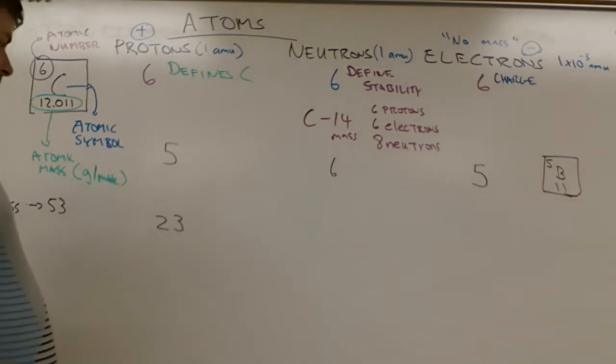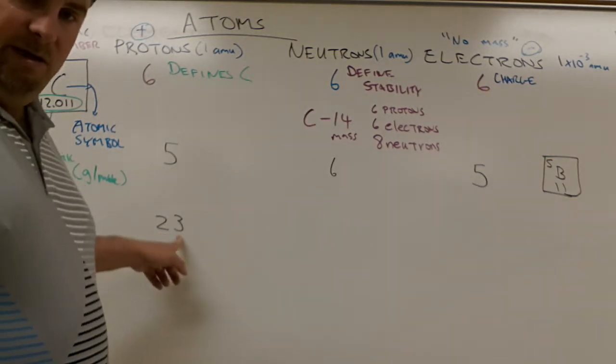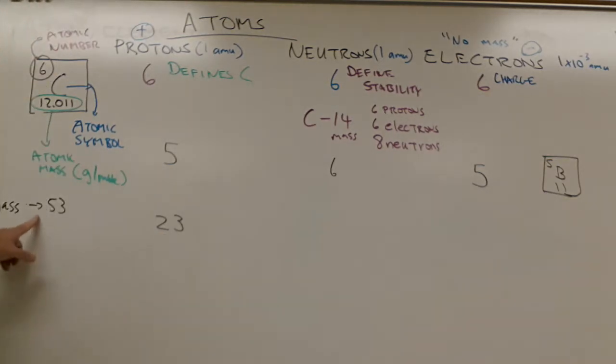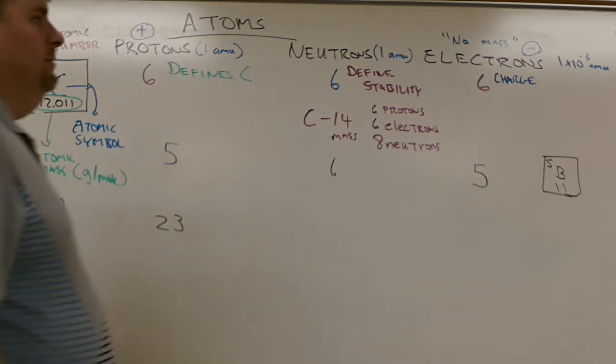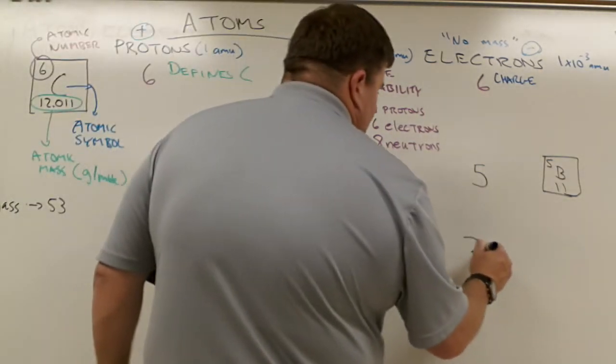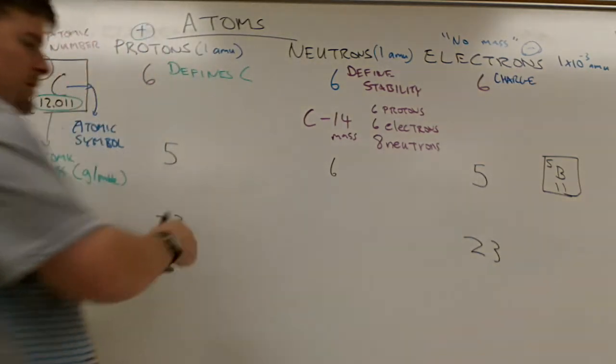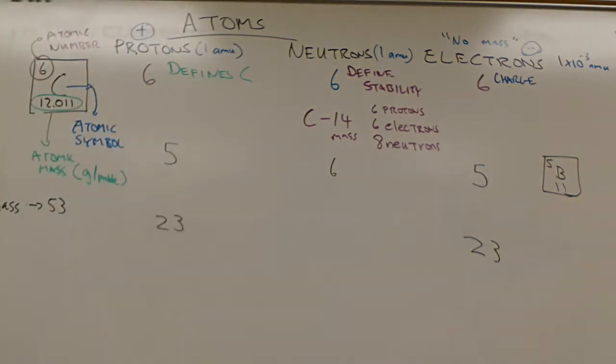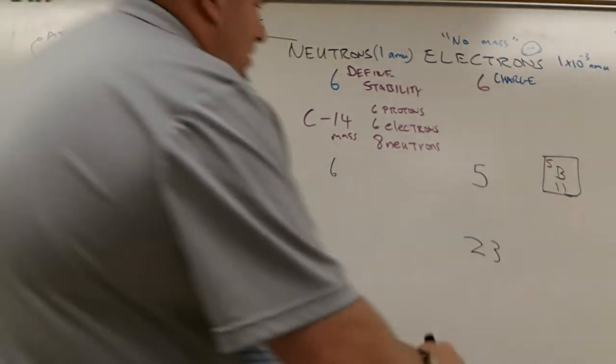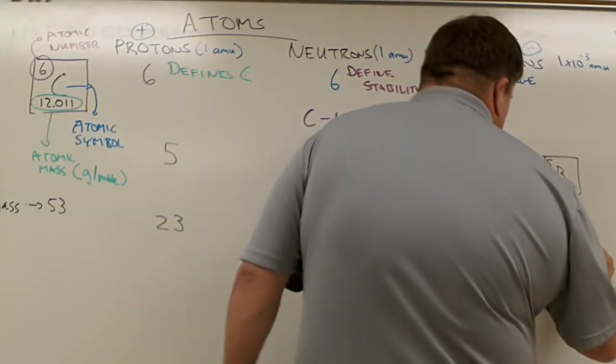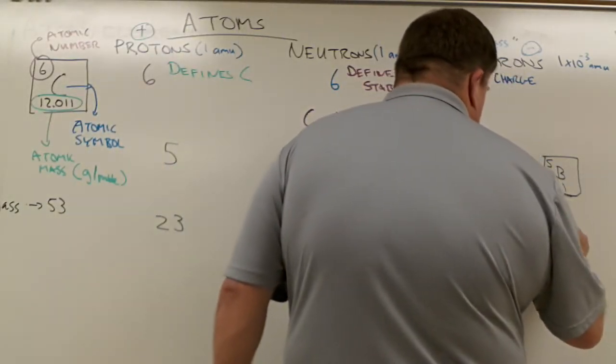Okay, hopefully you came up with this. Protons, I said that there was no charge over here with my mass of 53. No charge, no big deal. That means my electrons have to be the same. Okay, so my charge is there. I look at 23 on the periodic table, and I know that my element is going to be vanadium, which is V. So V, 23.